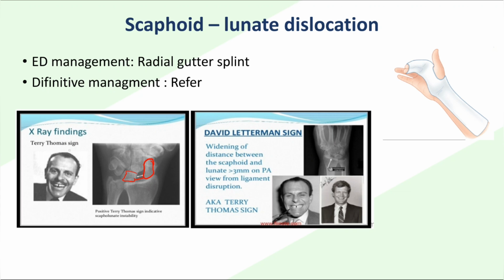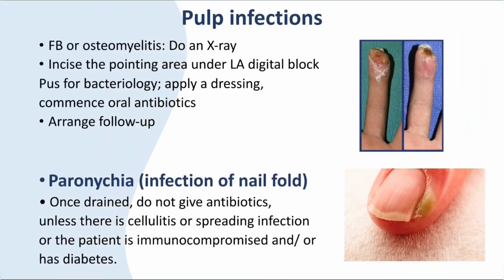It is also known as the Terry-Thomas sign, also called the Madonna sign, David Letterman sign. Such patients, just put them in a gutter splint and then refer them to the plastic surgeon or orthopedician in order to do definitive management, which is usually an operation.